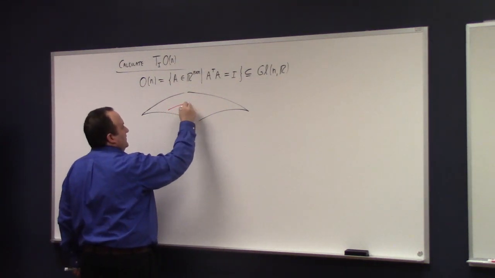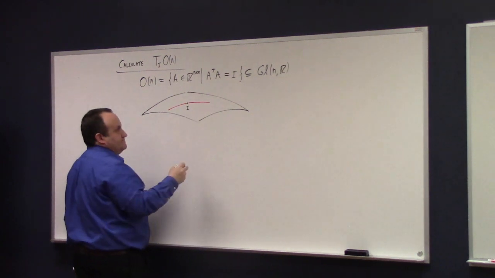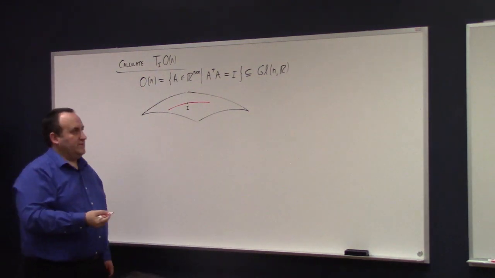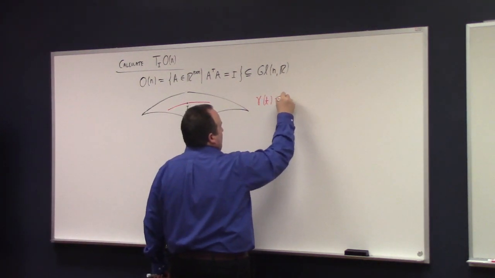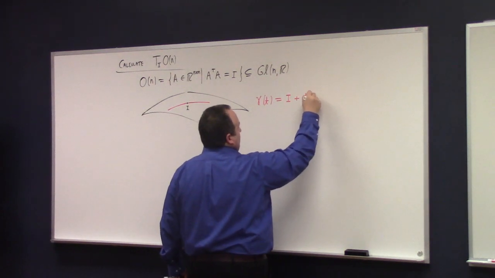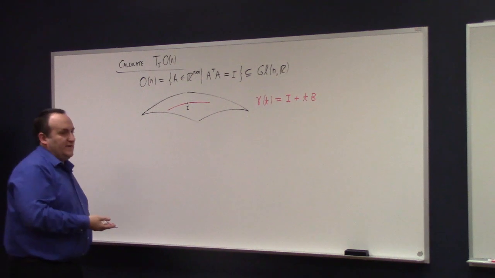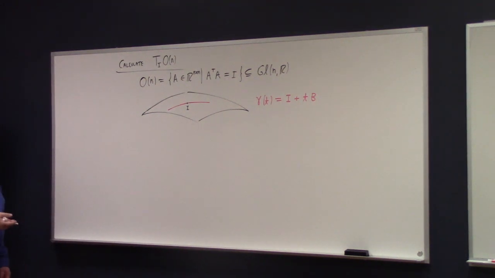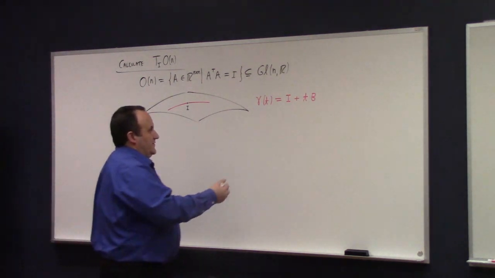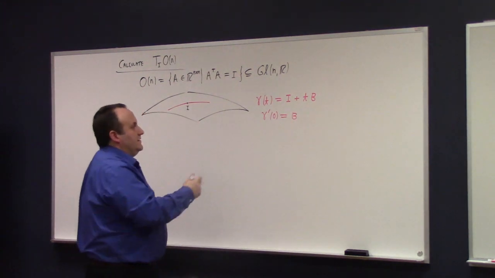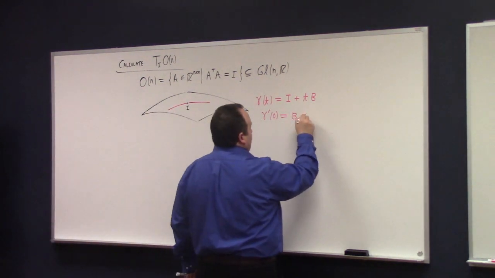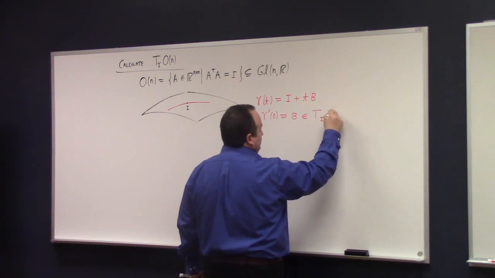So if this is a curve that goes through the identity, I can take a typical curve through the identity and write it like this: gamma of t is equal to the identity plus t times B, right? And if I do that, making the standard identification of the standard matrix units with the standard derivations with respect to the usual coordinate map, we see that gamma prime of 0 is B. So B would in fact be an element of the tangent space at the identity to the orthogonal group.